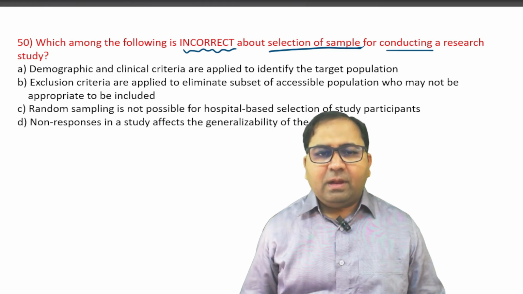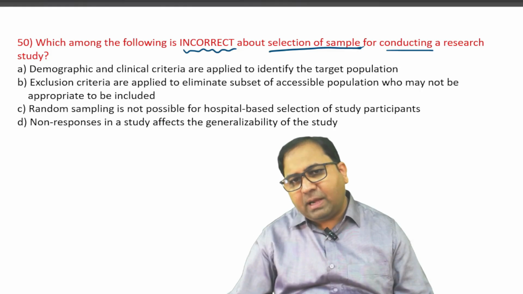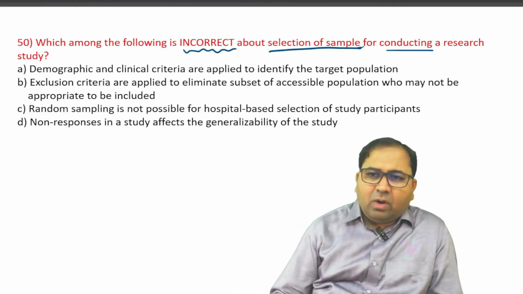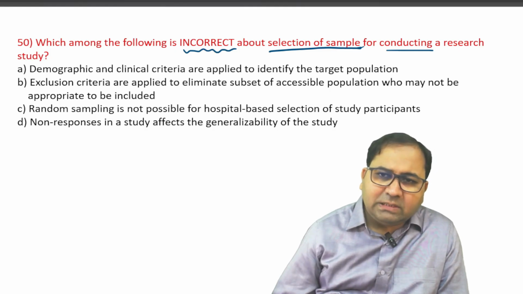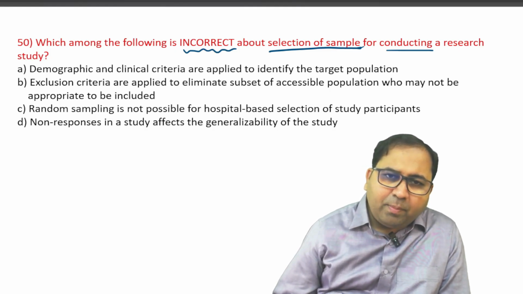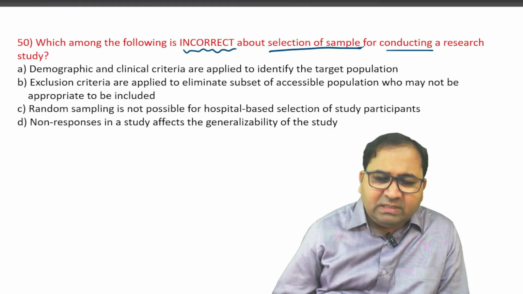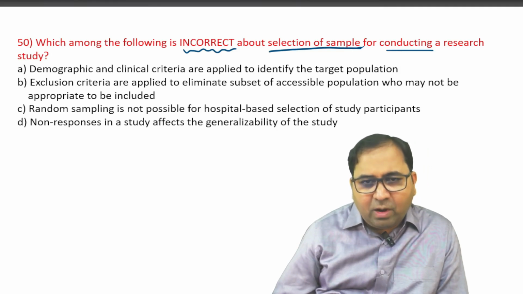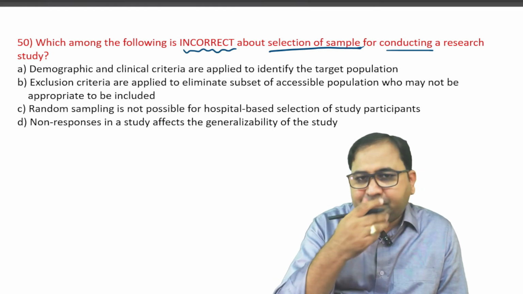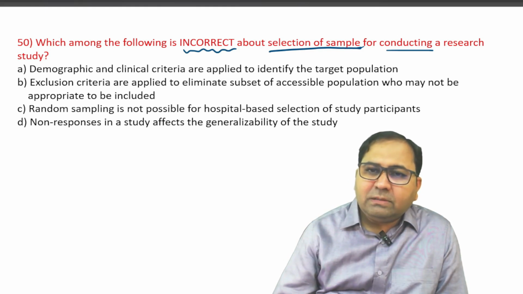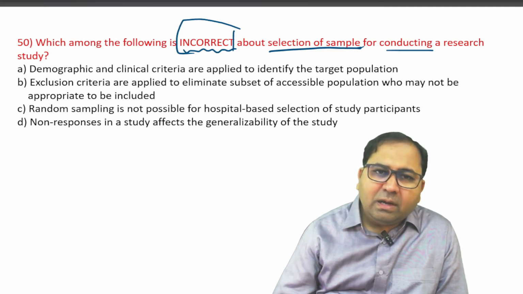Options are A. Demographic and clinical criteria are applied to identify the target population, or B. Exclusion criteria are applied to eliminate the subset of accessible population who may not be appropriate to be included, or C. The random sampling is not possible for hospital-based selection of study participants, or D. Non-responses in a study affects the generalizability of the study. So, which of the following is incorrect about selection of sample for conducting a research study?